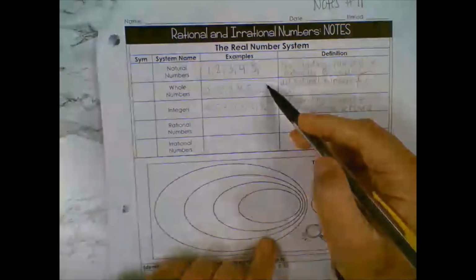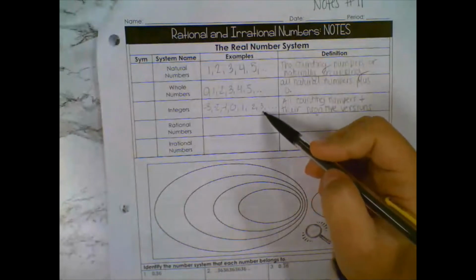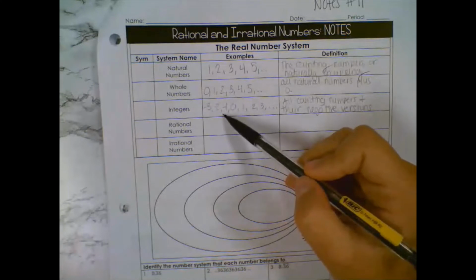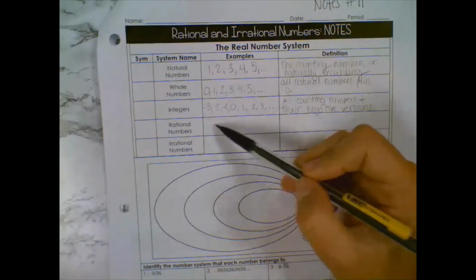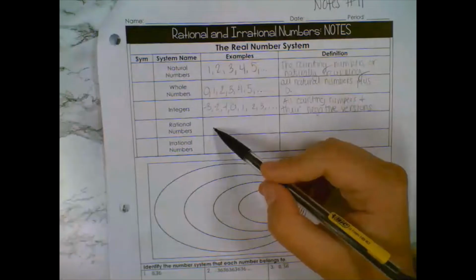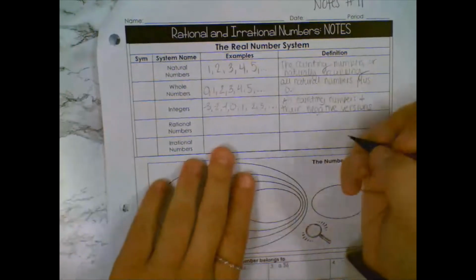All right, so we're just progressing into more complex numbers. We have all of our counting numbers. We threw in the number 0. Now we threw in negatives. The next thing that we would see is rational numbers, and this is going to include all of your decimals and fractions. We have to be very careful here.